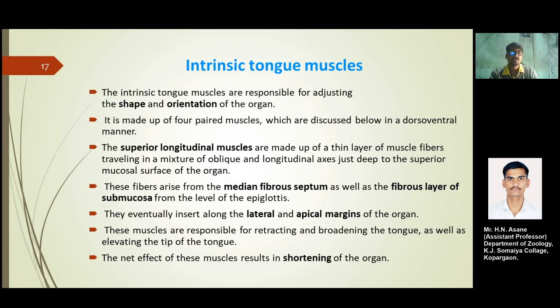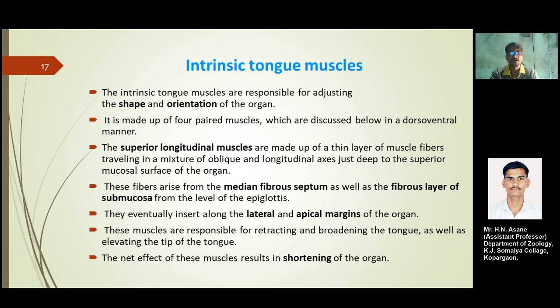Okay, with the median fibrous septum and the fibrous layers of the submucosa forming near the level of the epiglottis. These muscles are responsible for retracting and broadening the tongue, providing the broad surfaces.